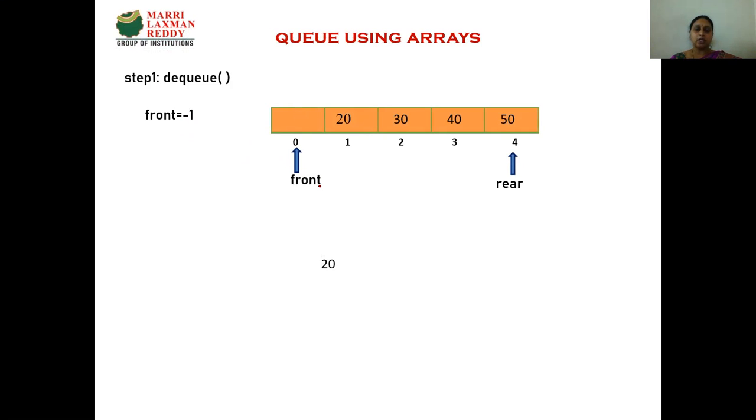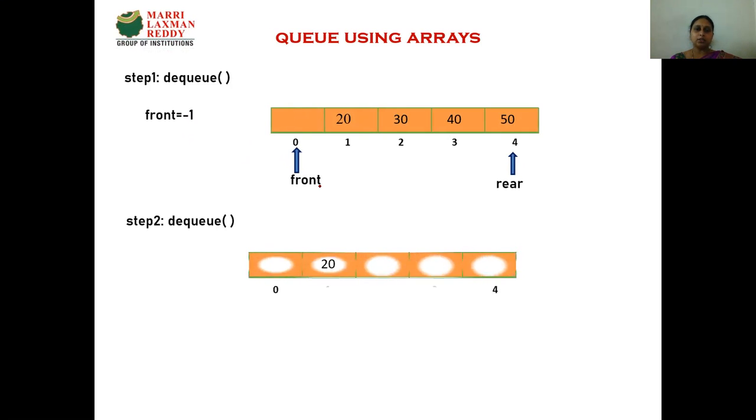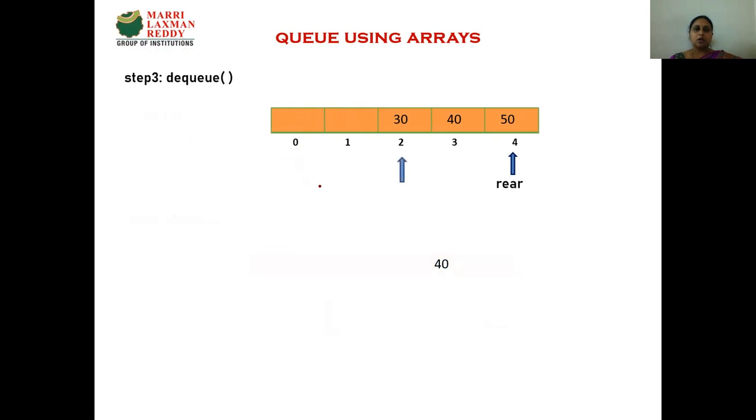Based on the incremented value, at the first location, the 0th location, the element 10 is present, and it is going to be deleted. Next I want to delete the next element. Front is incremented and that element, 20, is deleted. The next element I want to delete is 30.